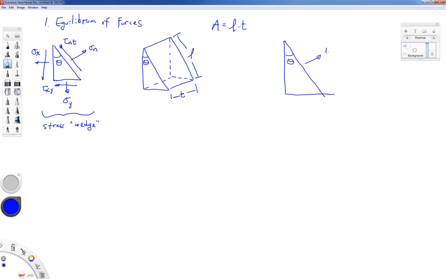The force in the n direction is going to be sigma n times the area A on which it acts.